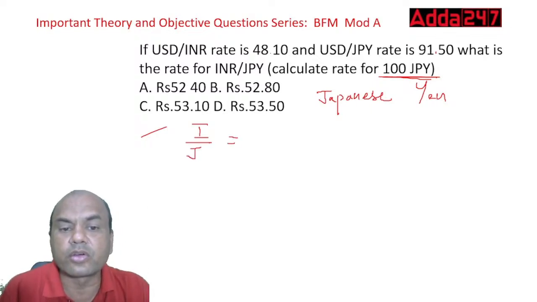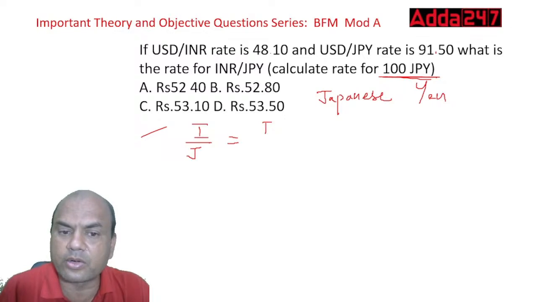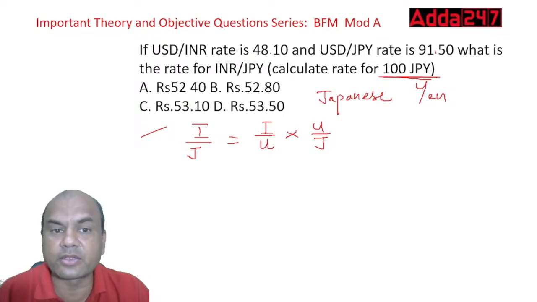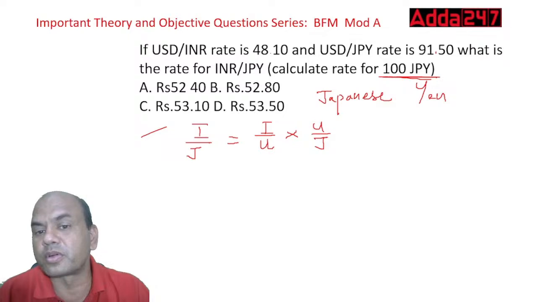So again use the same chain rule. INR to USD into USD to JPY. Are you having both the rates? Are you having INR to USD? See here, USD to INR rate is given. This is what you want.